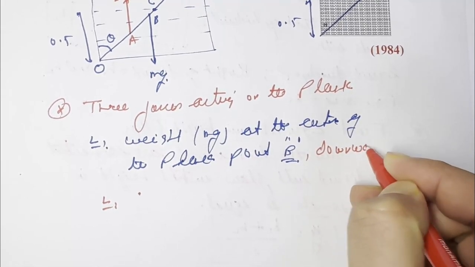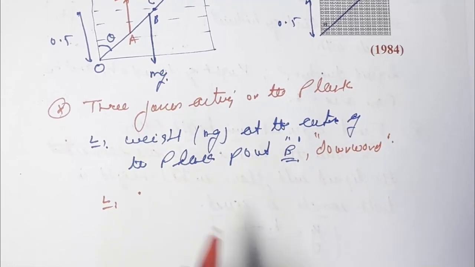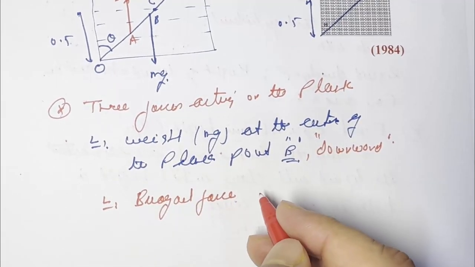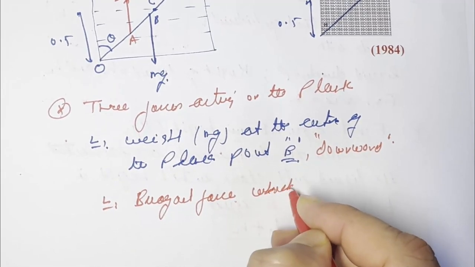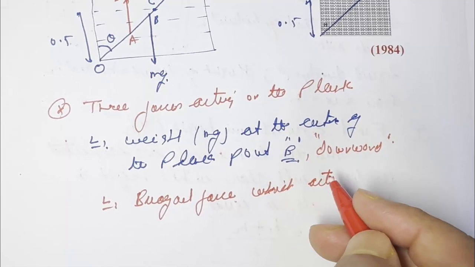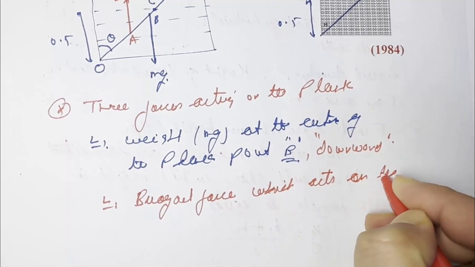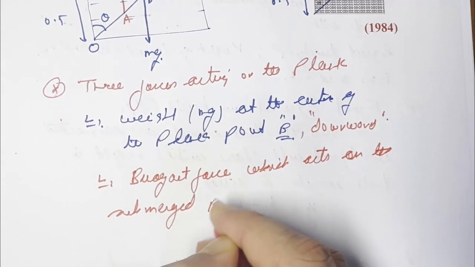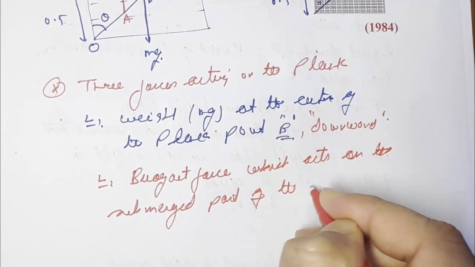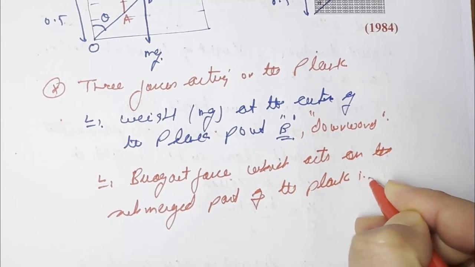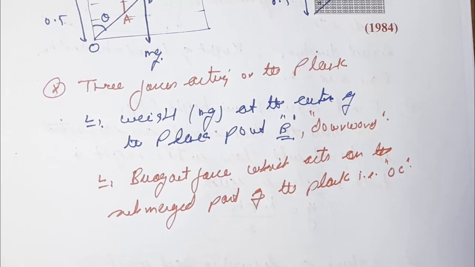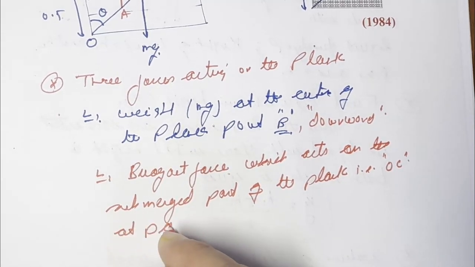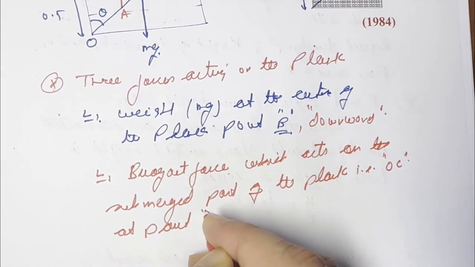Next will be the buoyant force, which acts only on the submerged part of the plank, that is OC, at point A, and that is upward.